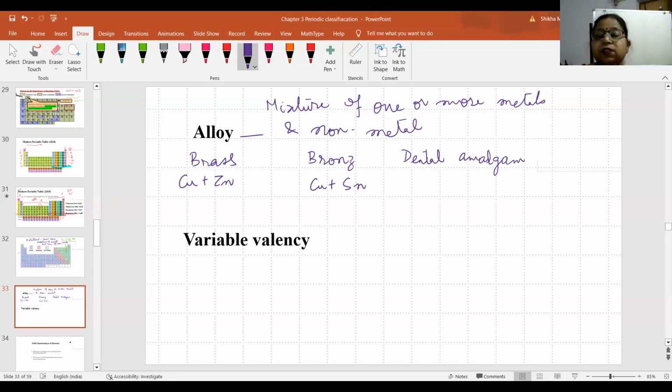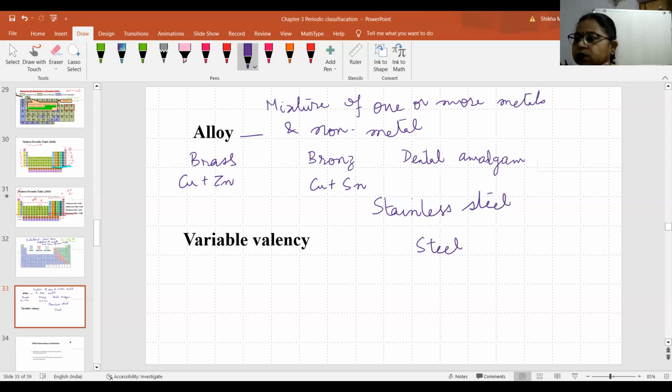Like if you talk about stainless steel, can somebody tell me the difference between stainless steel and steel? I'm not talking about the composition, I'm just asking, what do you understand by it? Steel is one of the materials which is widely used in making utensils at our home, right?